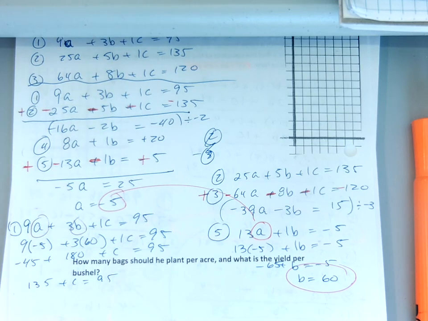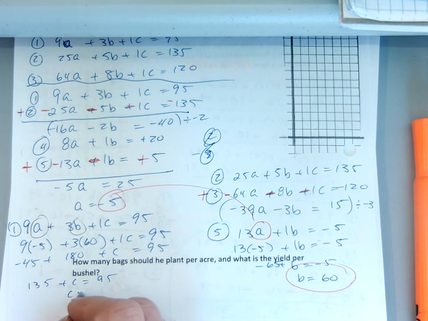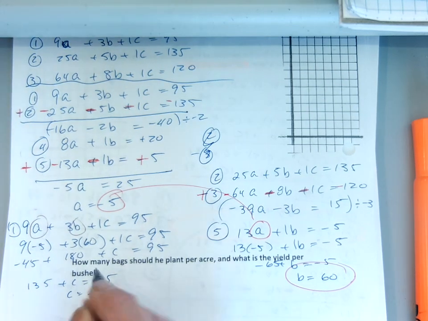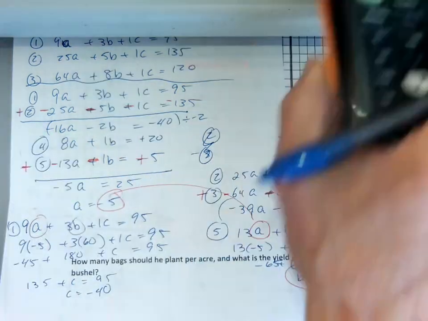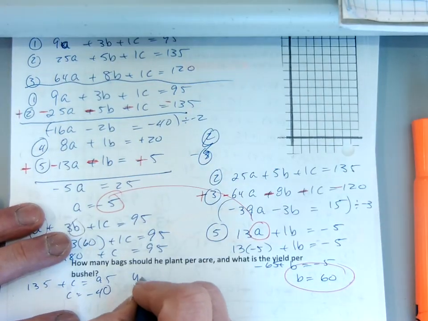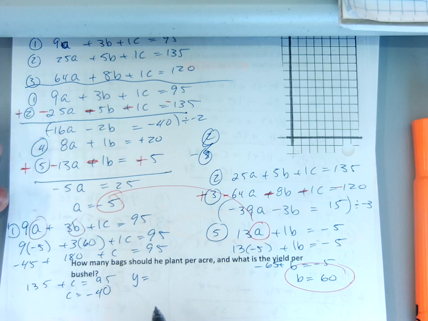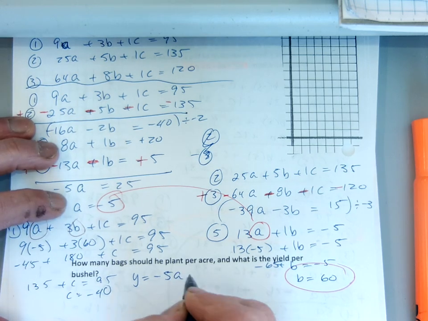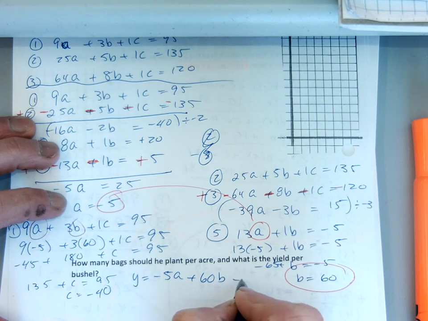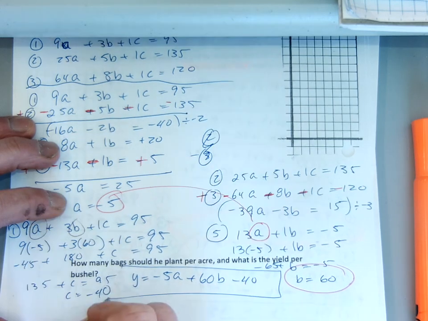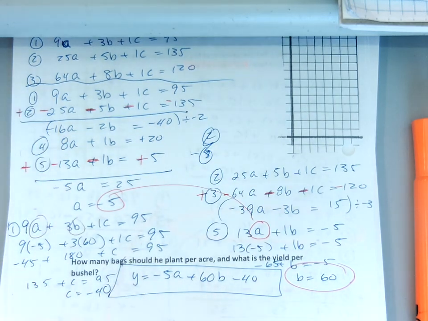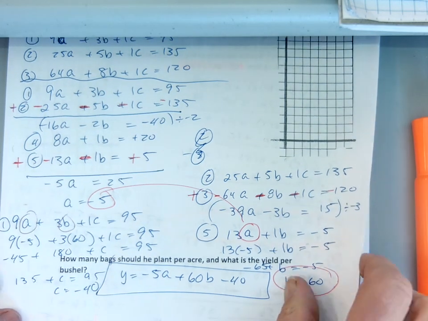Minus 135, negative 40. Okay, I finally have an answer. My answer: y equals negative 5a squared plus 60b minus 40. Now, I never graphed it, but I will, real quickly.